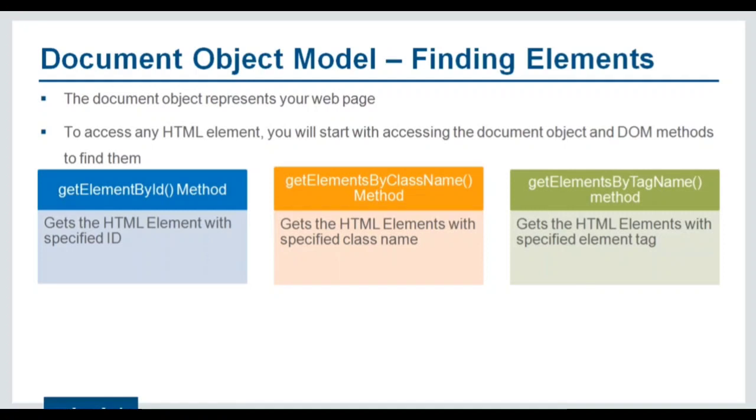Now, how will you get that element? We have already seen one method called getElementById. This method helps us get a specific element, provided that element, while defining in the HTML, has an ID property with some value. Now, you can also get any HTML element if you have defined its class property.